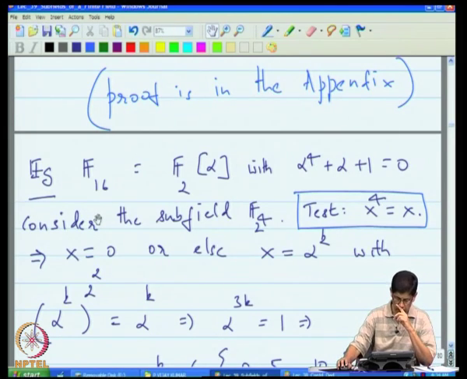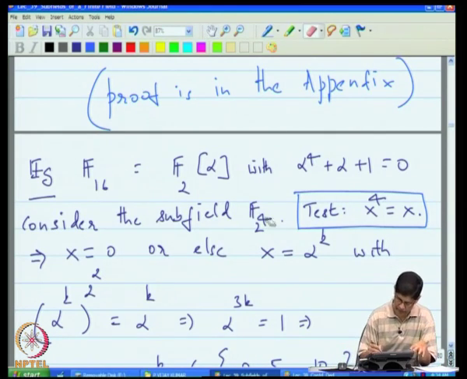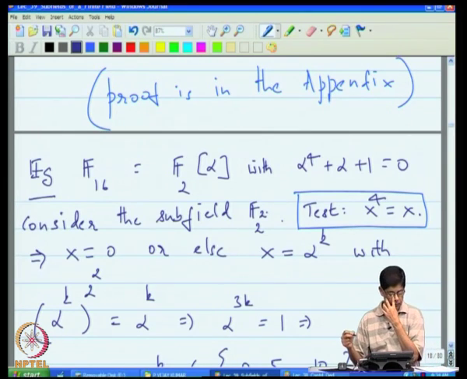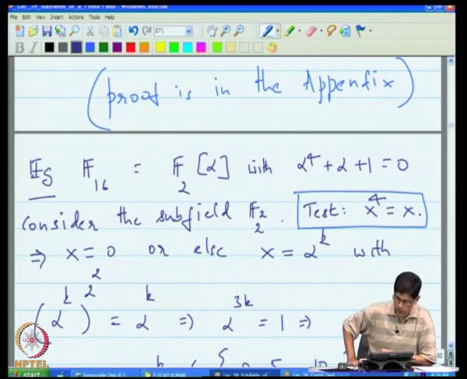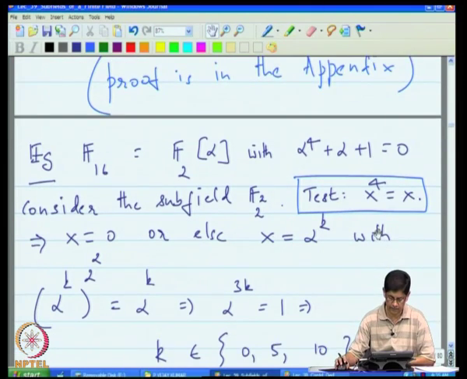Then in this field we know that F2 to the 2 is a subfield of this. Consider the subfield F2 to the 2, and the test for this is to verify whether or not it is true that x to the 4 takes you back to x.